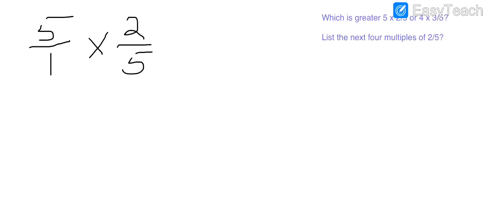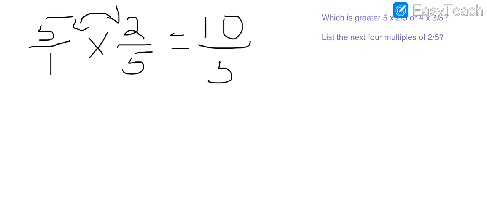So all you have to do when we multiply fractions is multiply the top numbers. 5 times 2 is 10. So we multiply the numerators and we multiply the denominators. So we get 10 out of 5.